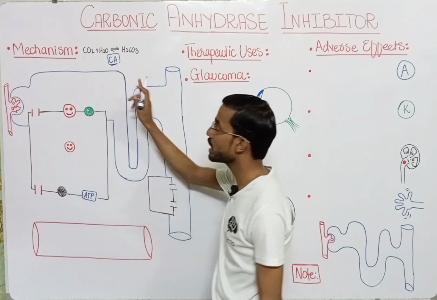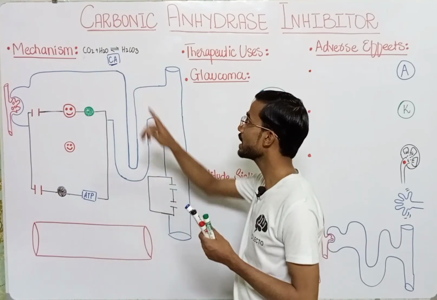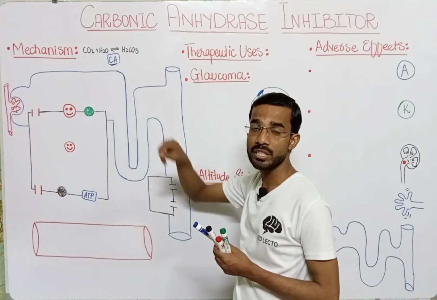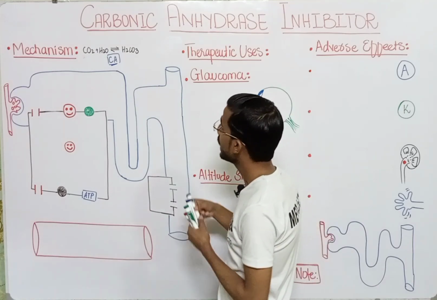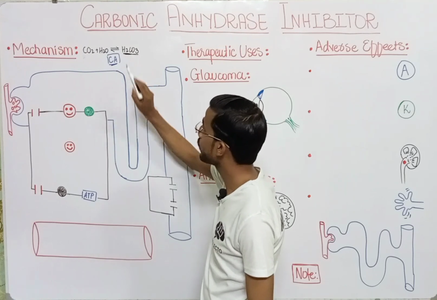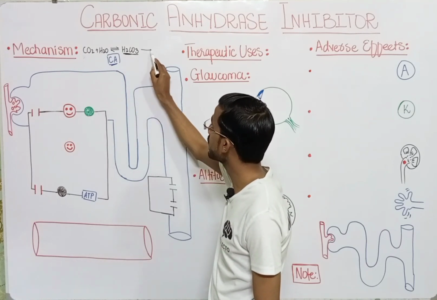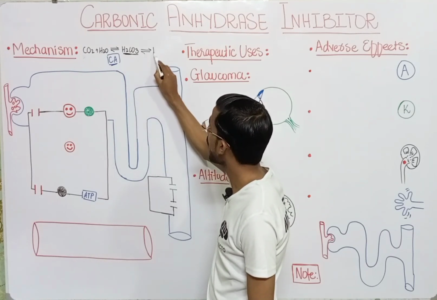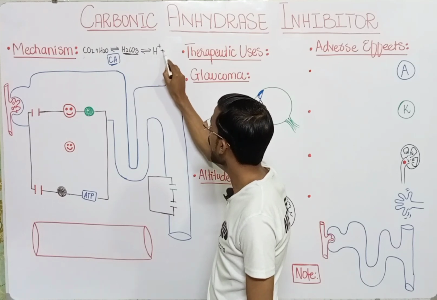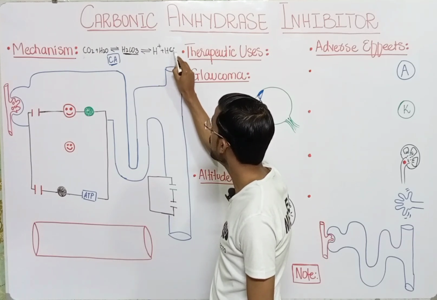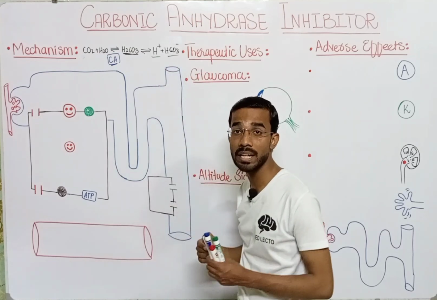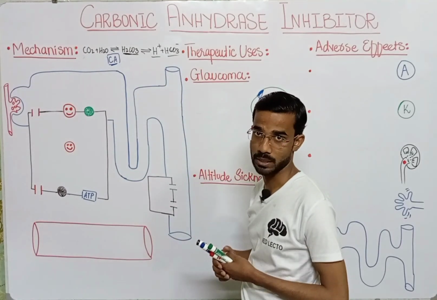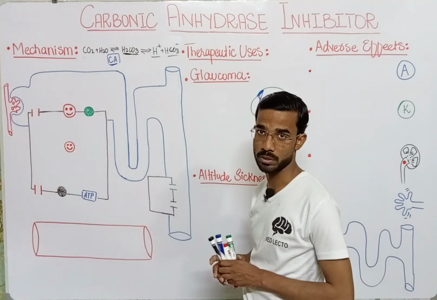So the conversion between carbon dioxide, water and carbonic acid is with the help of carbonic anhydrase. When carbonic acid is produced, it dissociates into a hydrogen ion and a bicarbonate ion, HCO3 negative. This is a spontaneous, reversible process.